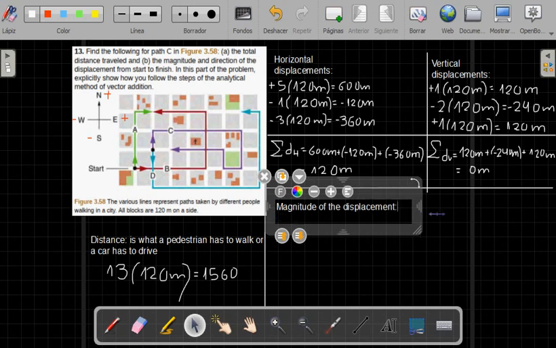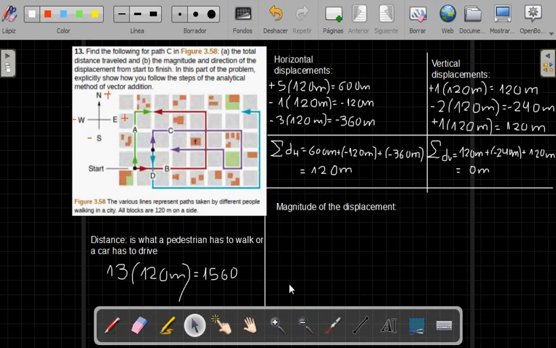Right, and we have a simple formula for that, and it is magnitude of the displacement is equal to the square root of 120 meters squared plus 0 meters squared. Simplemente sumar los dos desplazamientos totales, cada uno elevados al cuadrado.